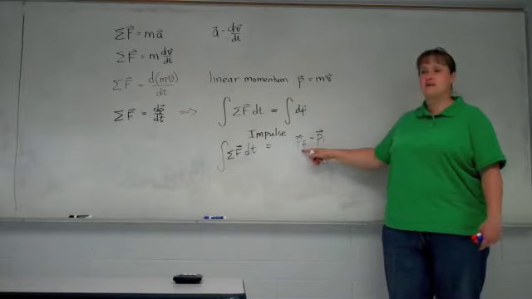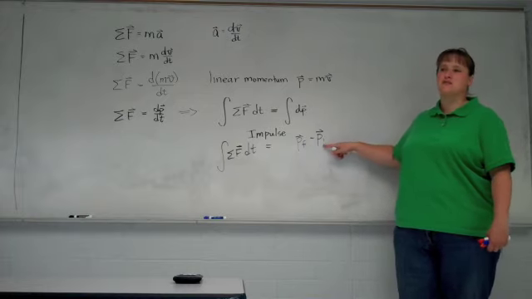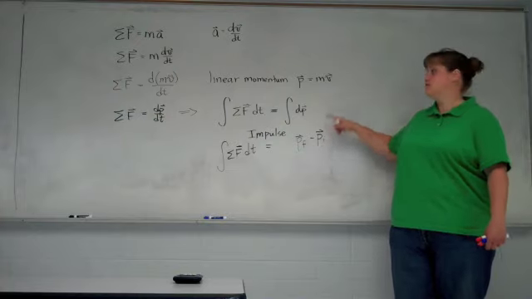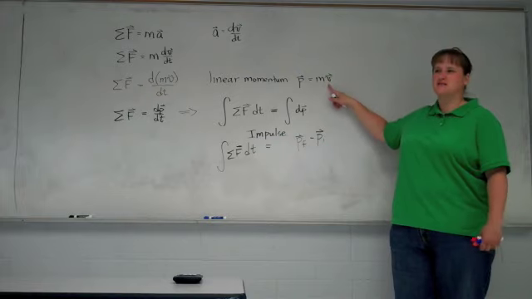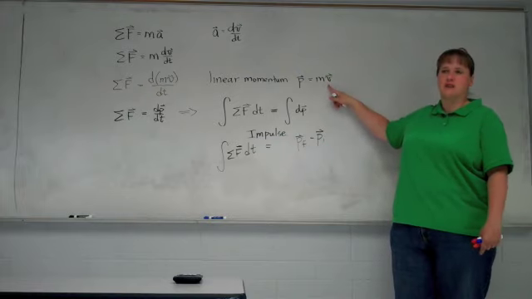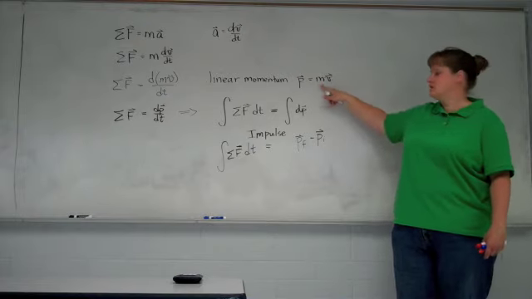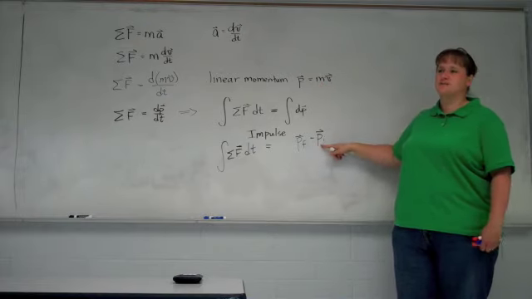So my final momentum will be 0. My initial momentum would be the momentum right before I hit the ground. Okay? So we could figure out how fast, because we know how far I'd have to jump off the table. We know the mass of a person. So we could figure out the initial momentum.